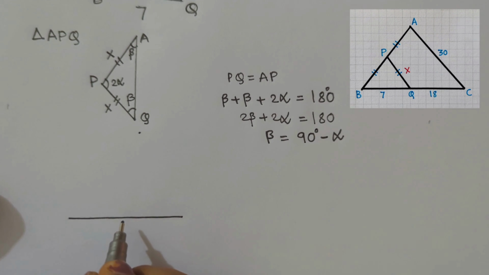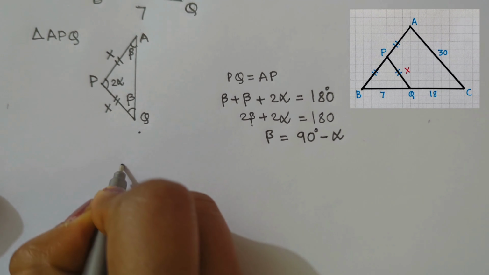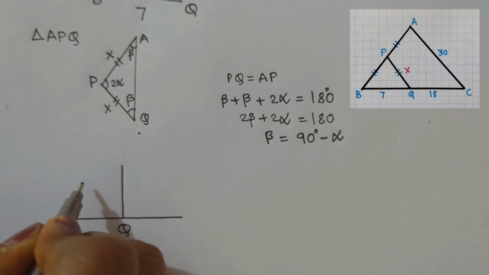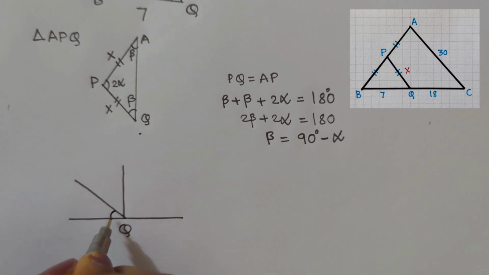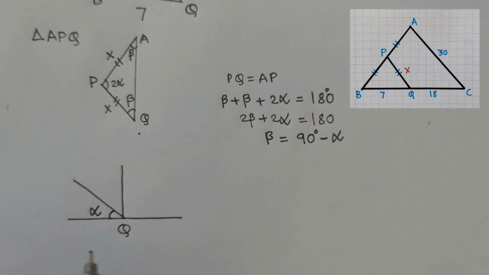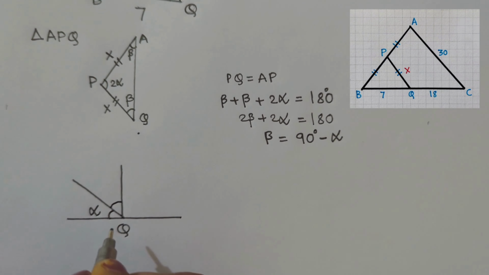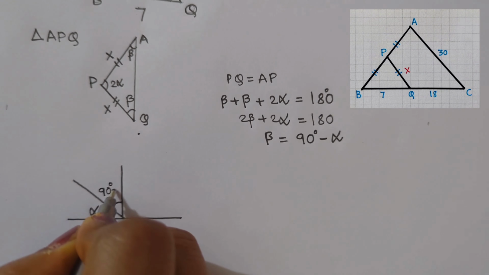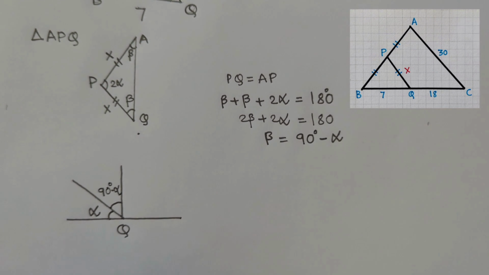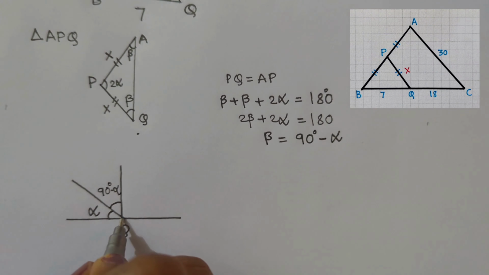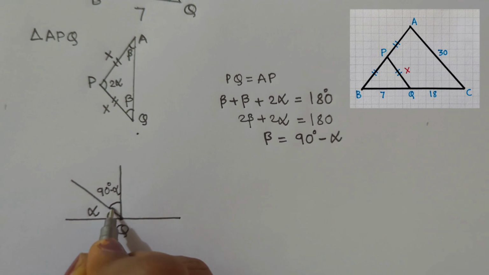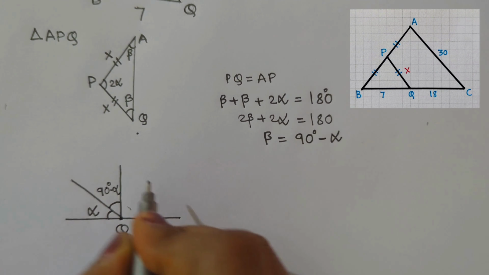Considering the point Q, here we know that this value is alpha. This value has come up as beta, which is nothing but 90 degrees minus alpha. So at this point the summation of all these three should be 180 degrees.